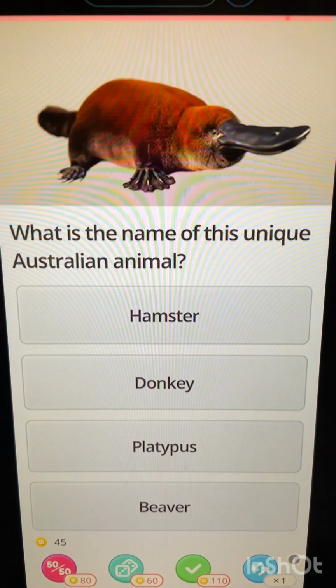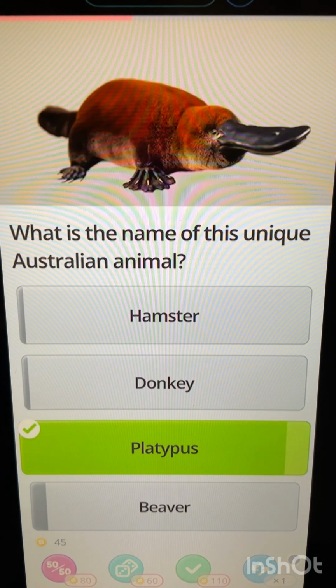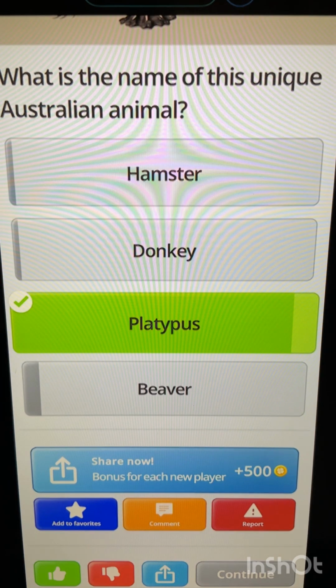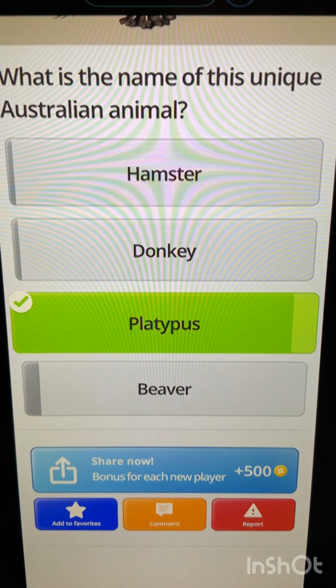Nature, difficult level. What is the name of this unique Australian animal? That is platypus. Platypus.